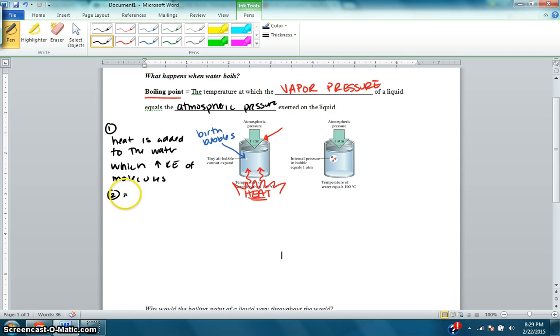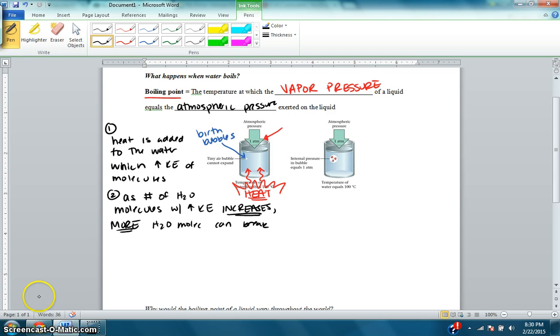So the second thing that's going to happen is as the number of water molecules with high kinetic energy increases, more water can break their intermolecular forces and move into our birth bubbles. That's the word break.